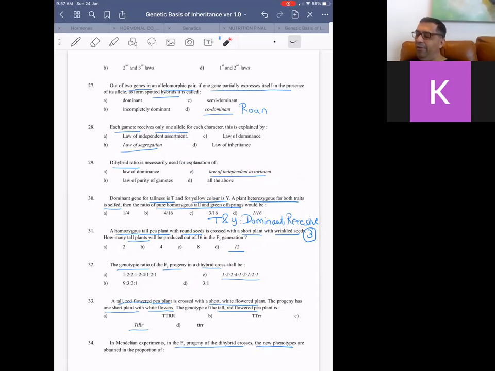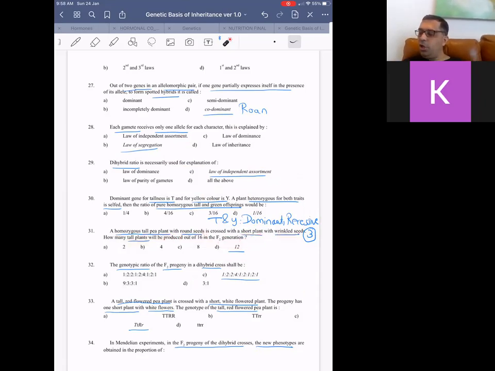A homozygous tall pea plant with round seeds is crossed with a short plant with wrinkled seeds. How many tall plants will be produced out of 16 in the F2 generation? A tall plant with round seed crossed with short plant with wrinkled seed. So how much did we get in the F2 generation? We have done this already.